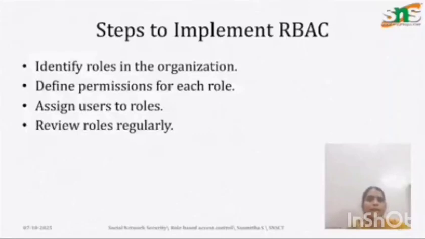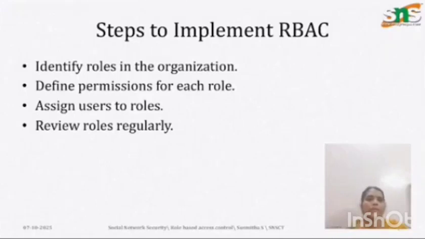Steps to implement RBAC. First, identify the roles in an organization, for example HR, developer and admin. These are the roles of the organization. Then define the permissions for each role.